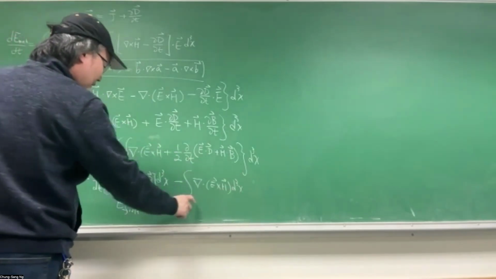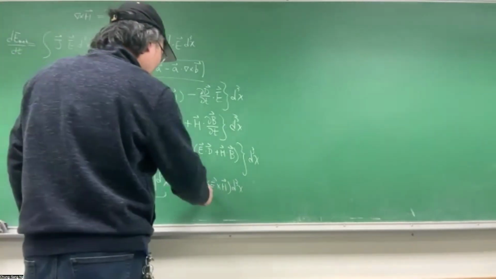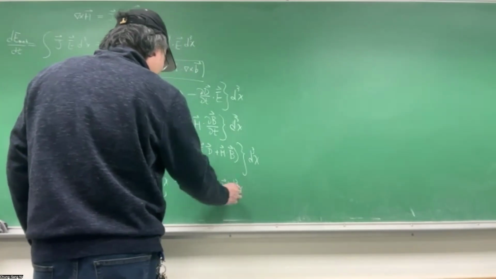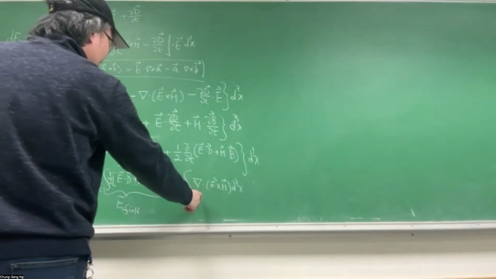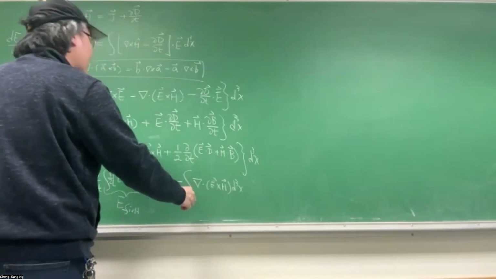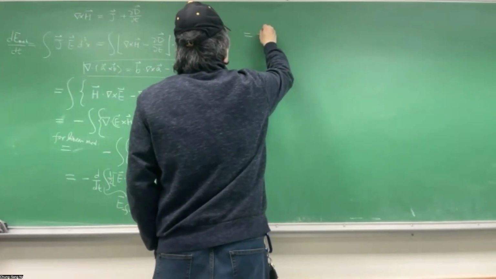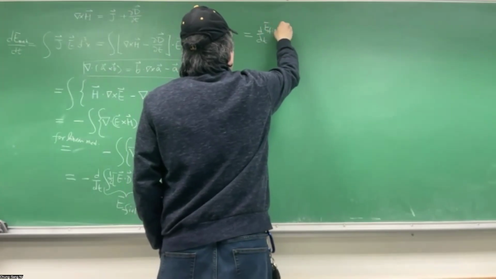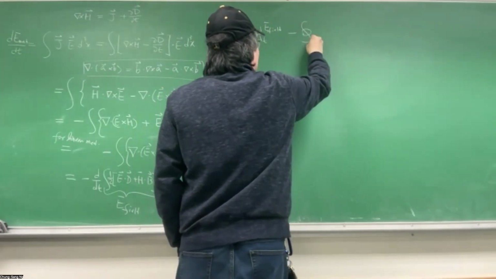And finally, you have a total divergence, and you can keep it as a total divergence, and write it like that, the integration of the total derivative. But then after the integration, you can use the divergence theorem also. So this term, or the whole thing, can continue as d/dt of the field energy, and this one becomes a minus surface integral.